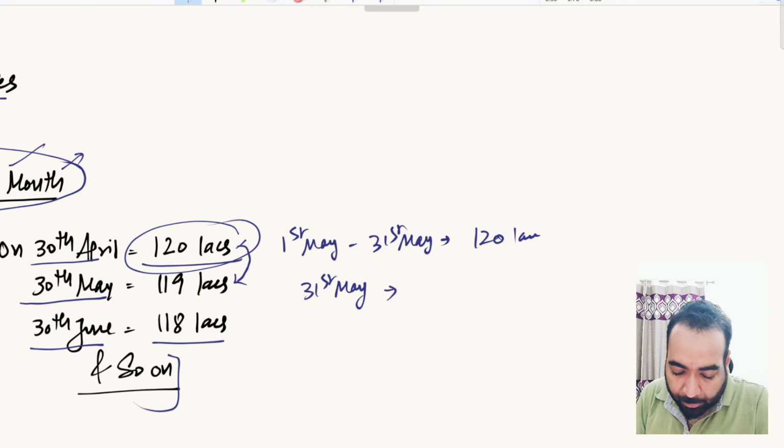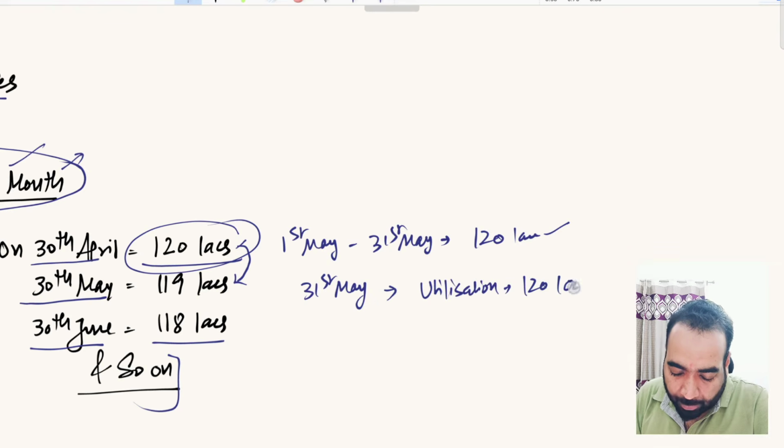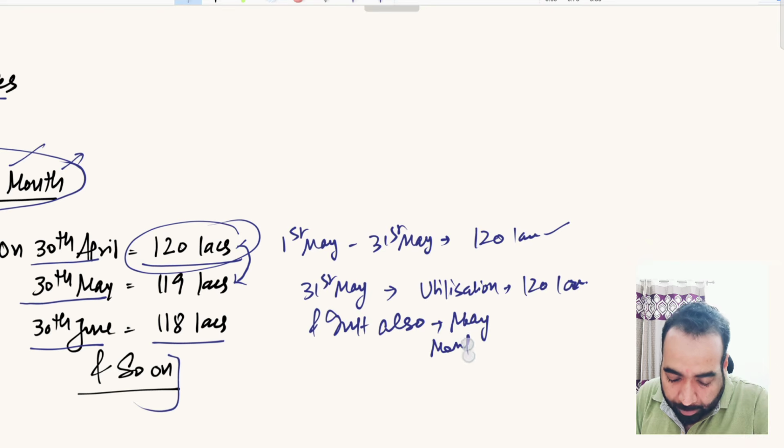Suppose you are using the limit in full, your utilization is 120 lakh, and you will be charged interest also for the May month, right? Suppose you have been charged interest of 2 lakh rupees for the May period.